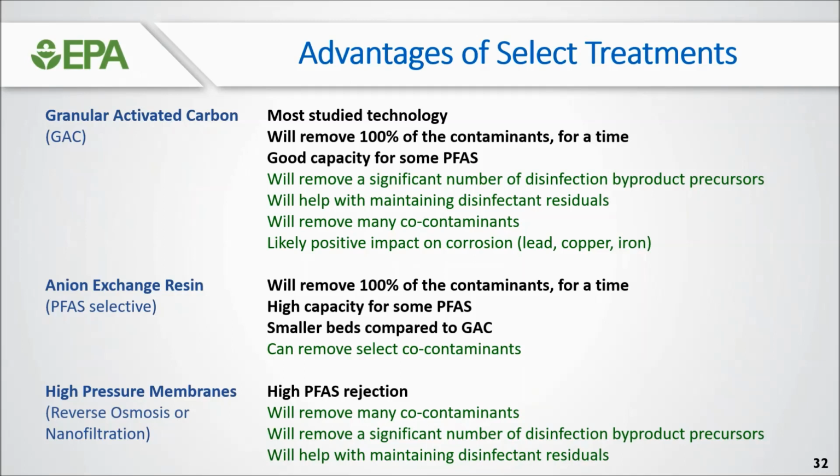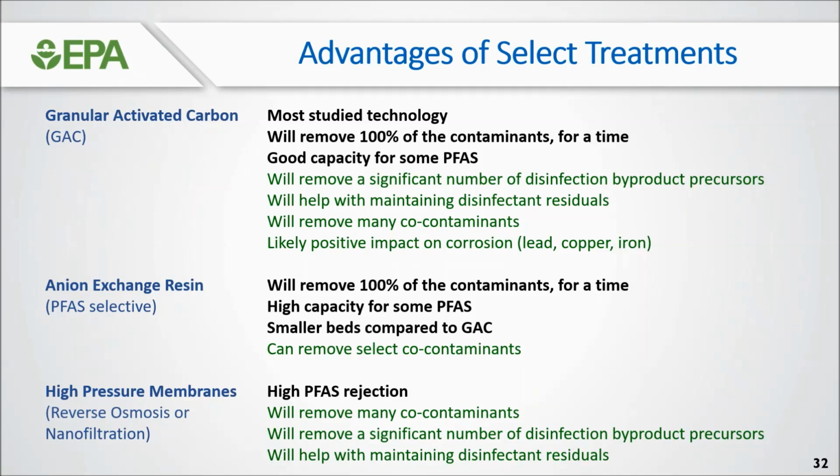And it has good capacity for some PFAS. Secondary effects for granular activated carbon are that they will remove a significant number of disinfection byproduct precursors. It'll help with maintaining disinfectant residuals. Will remove many co-contaminants such as pesticides, industrial contaminants, etc. And it will likely have a positive impact on corrosion.